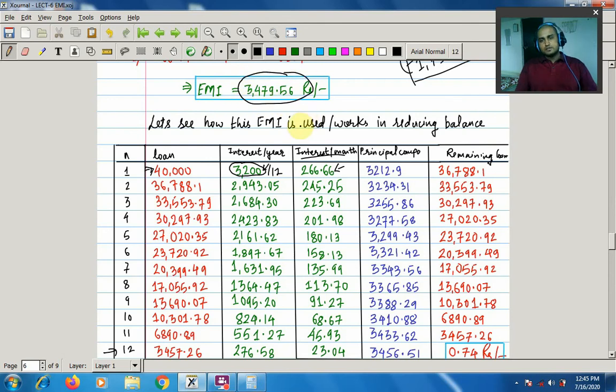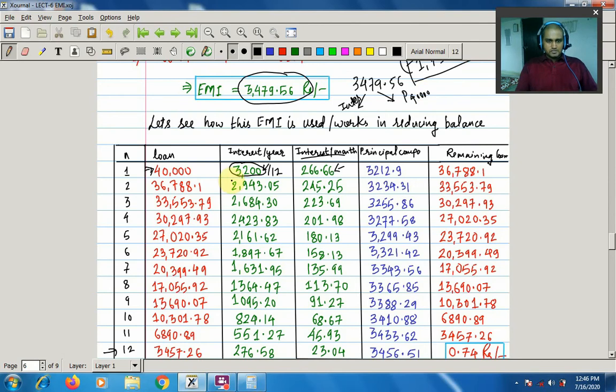for 1 month. Now, out of this EMI total amount, 3,479.56, I need to pay some amount towards the interest to the bank and some amount towards the principal amount, that is 40,000. So how to decide how much money I am going to pay as interest to the bank for lending me 40,000 rupees?